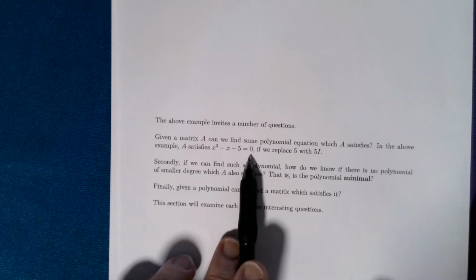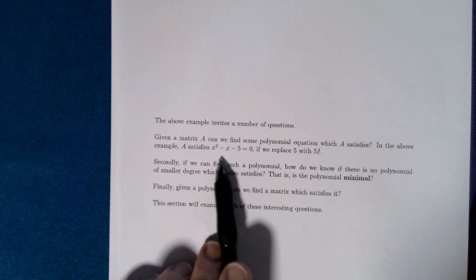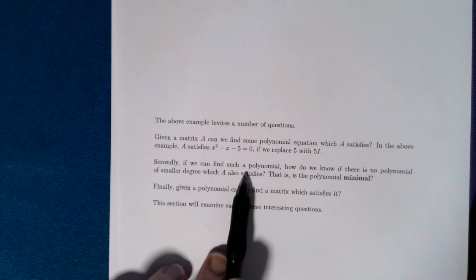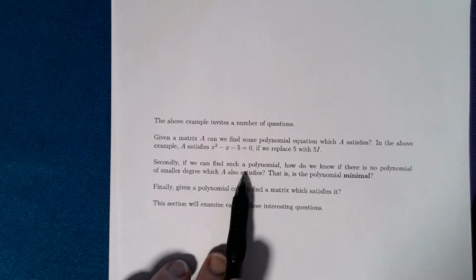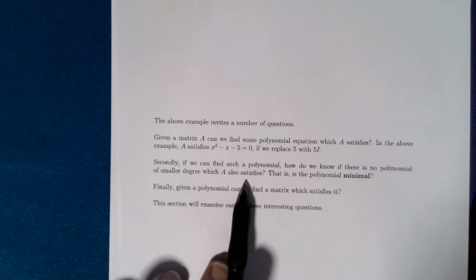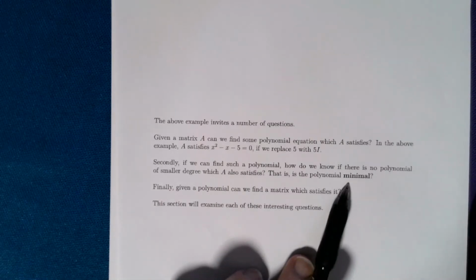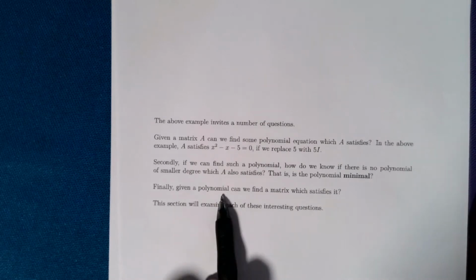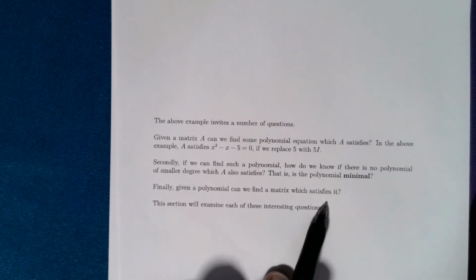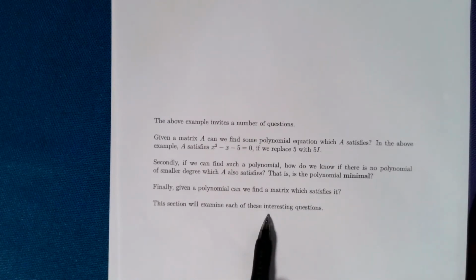So given a matrix, can we find such a polynomial? Secondly, if we can find such a polynomial, how do we know that there's no polynomial of smaller degree which A also satisfies? That is, is the polynomial minimal? And we're going to see sometimes it is, sometimes it's not. And finally, given a polynomial, can we go backwards? Can we find a matrix which satisfies it? So that's what we're going to be looking at in this section here.